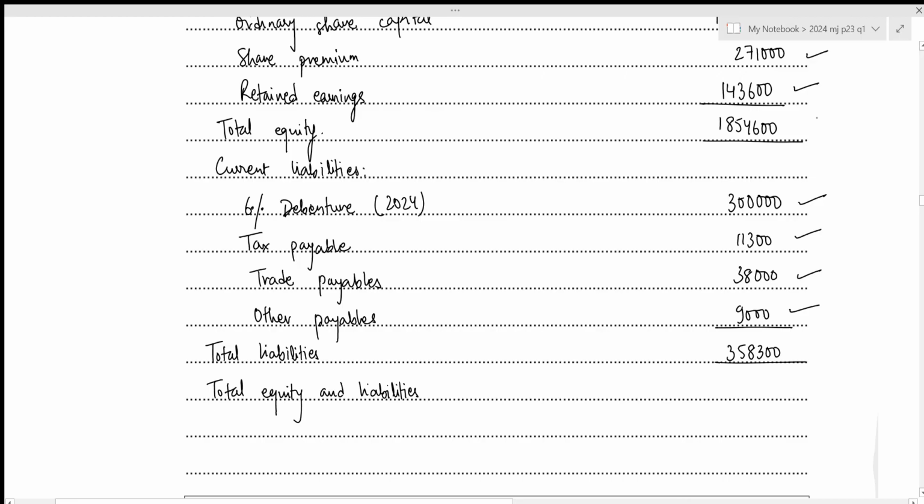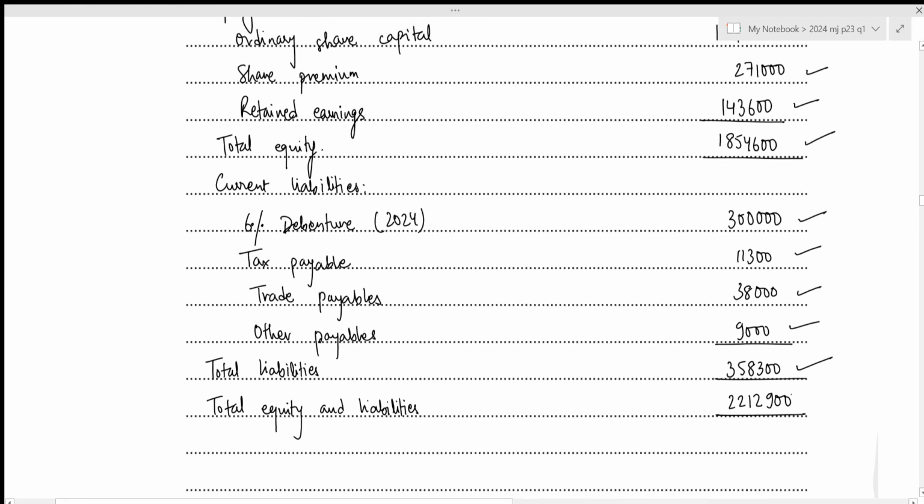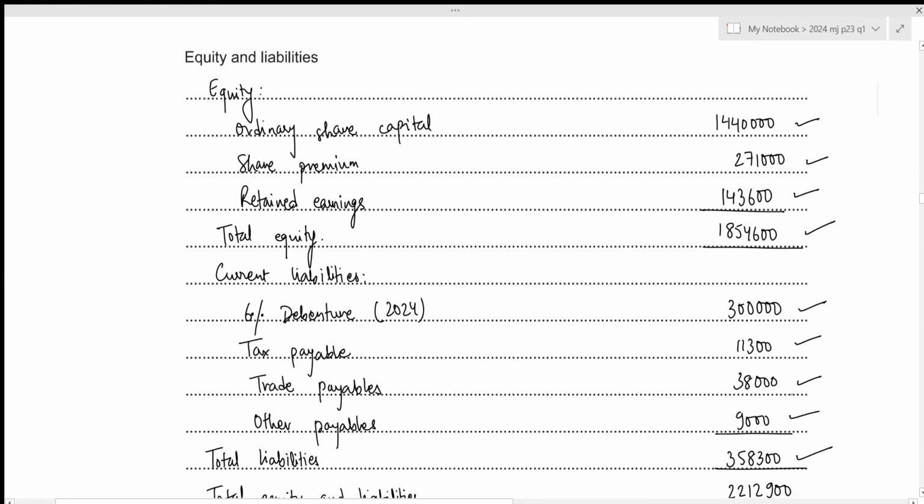That will be 1,854,600 plus 358,300, which results in 2,212,900. That is all for this part. And we have been given the working section. So you need to show all of your workings for the ordinary share capital, share premium, retained earnings, as well as other payables right here in order to get your markings correctly.